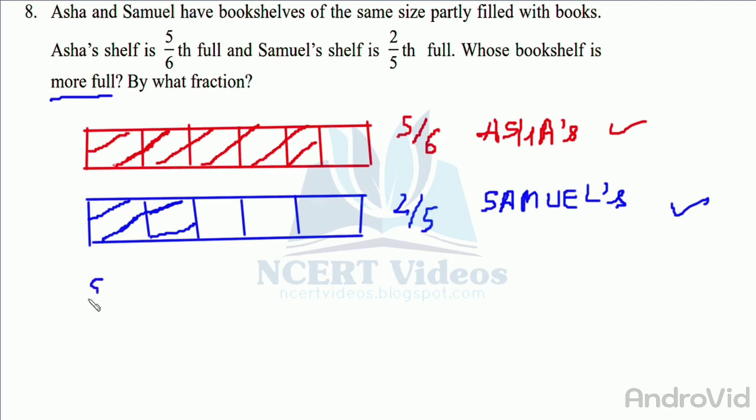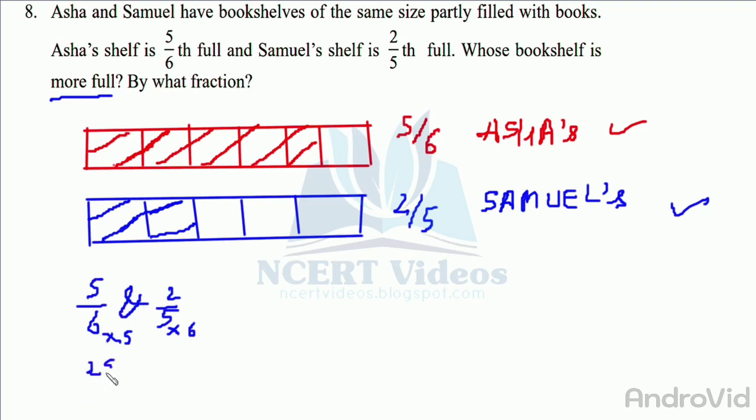We are asked whose bookshelf is more full. So we have 5/6 and 2/5. Let's compare. Let's make the denominators common. That could be done by multiplying the first by 5 and the other by 6.